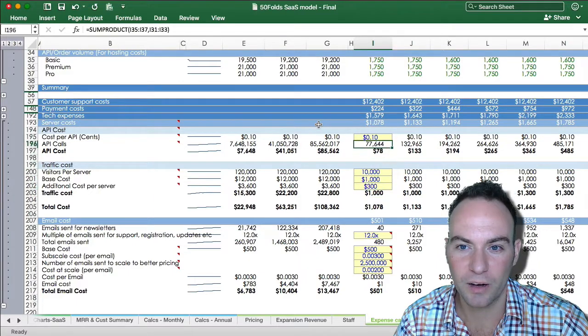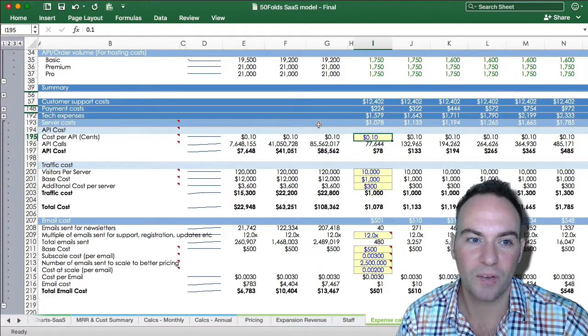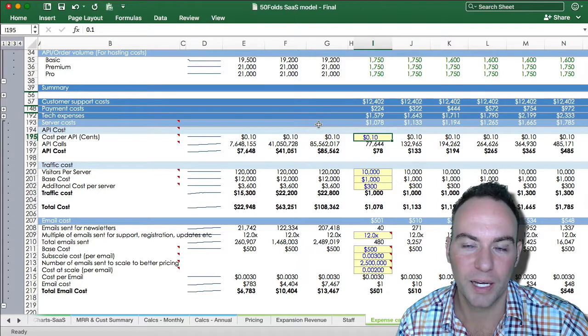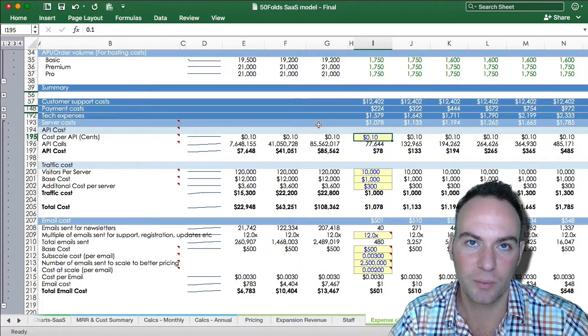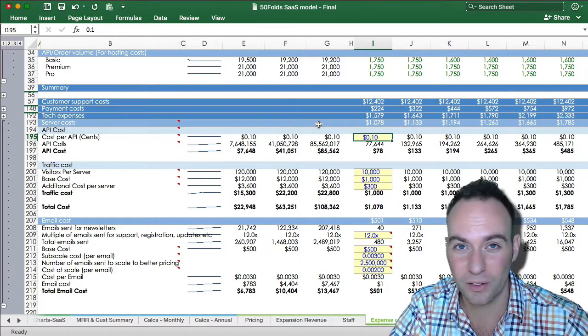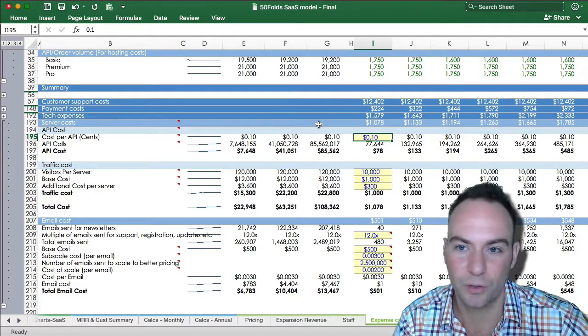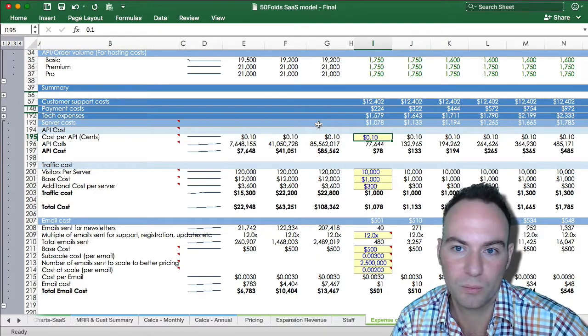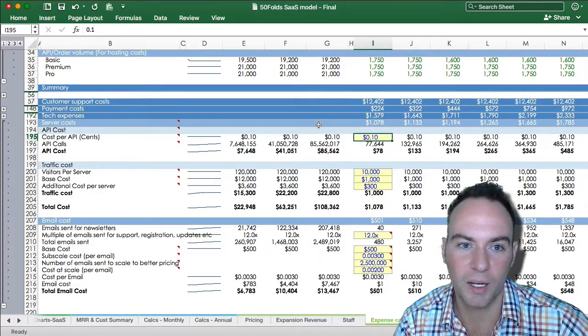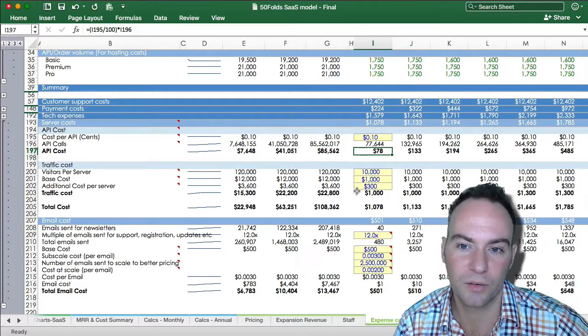Then we've got our variable part here. And we're saying, well, how many API calls are we getting in? Which is coming from your pricing sheet. And this is based on your customers using it. And we're going to charge a certain amount per order or for APIs of 0.1 cents per API. Times that by API calls and it'll tell you what the total cost for APIs are.